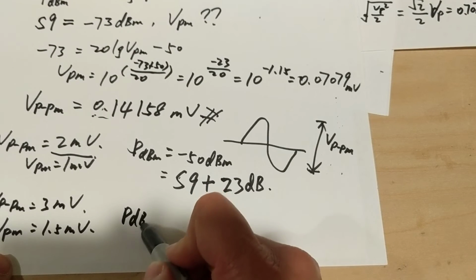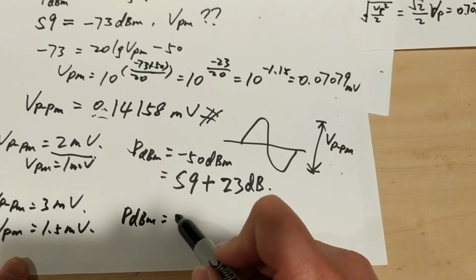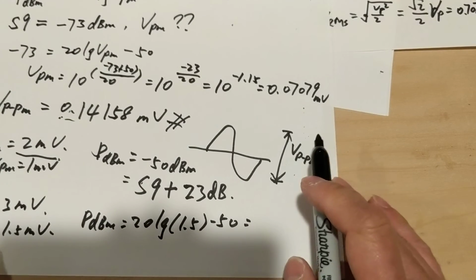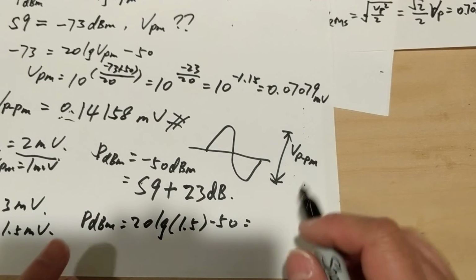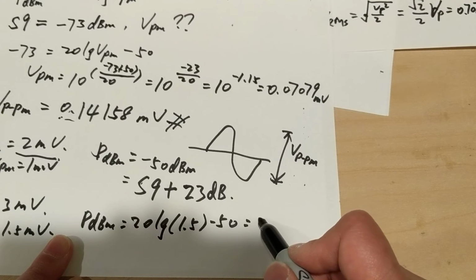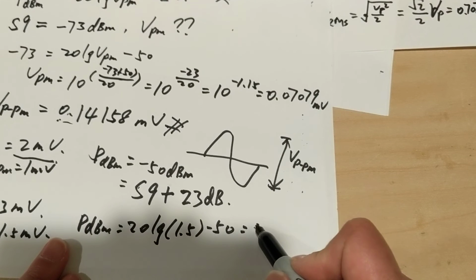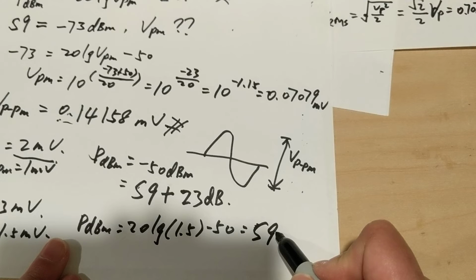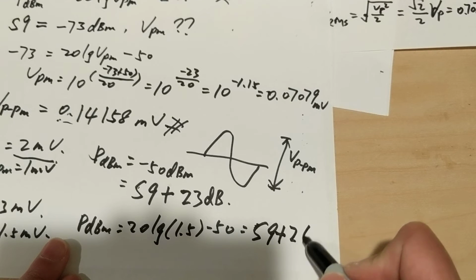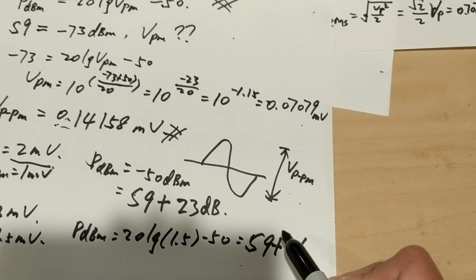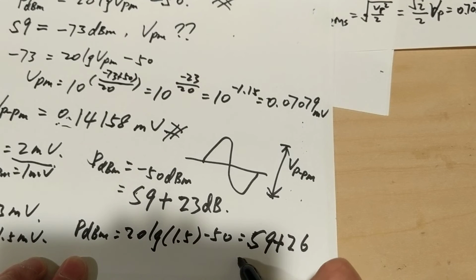So dBm equals 20 log 1.5 minus 50, which equals about minus 47 dBm, which is S9 plus 26.